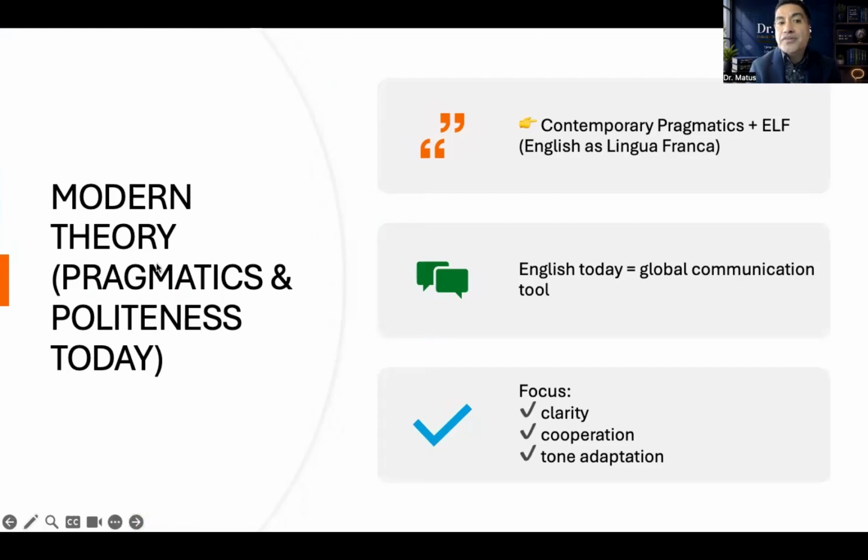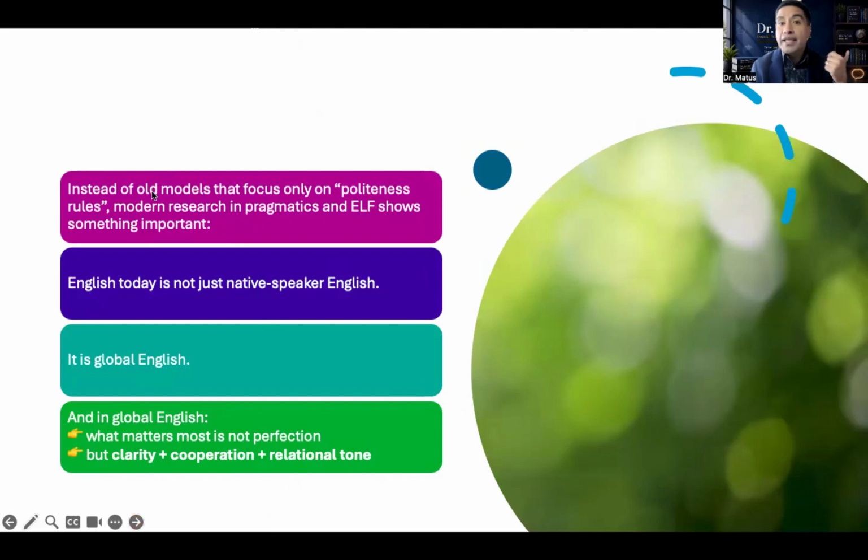So in modern theory, both in pragmatics and politeness, in contemporary pragmatics, English is considered a lingua franca. It's a bridge language among cultures. So English today is considered a global communication tool. So you should focus on clarity, cooperation, and also tone adaptation, how to communicate properly with different speakers. So instead of following models that focus only on politeness rules, modern research in pragmatics and EFL, English as a foreign language, shows something very important.